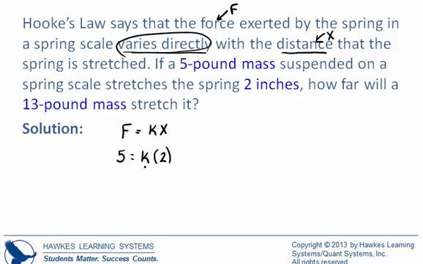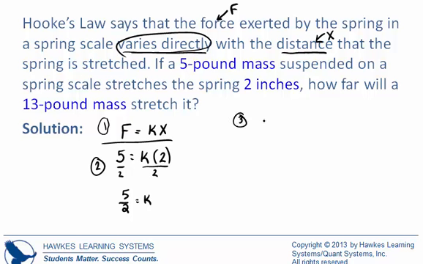When we solve for k, we're going to divide both sides of this expression by 2. And so k is equal to 5/2. So again, first step is to write an equation that expresses the relationship. Second step is to use that equation with the information that you're given to solve for k.